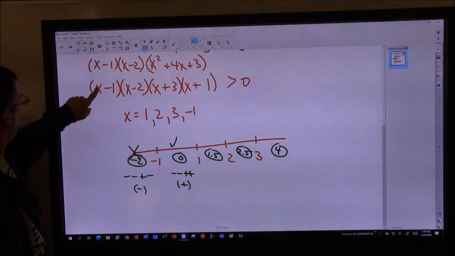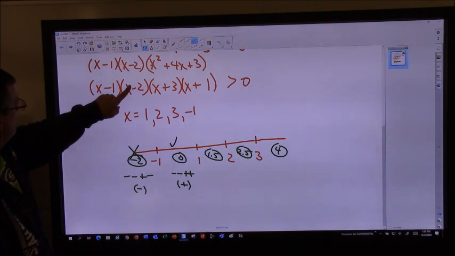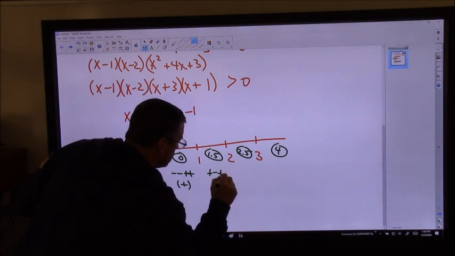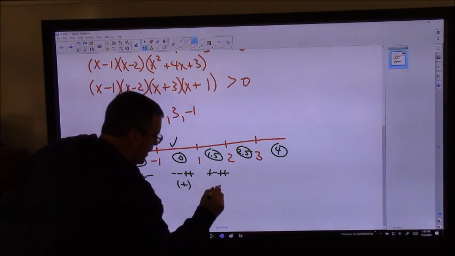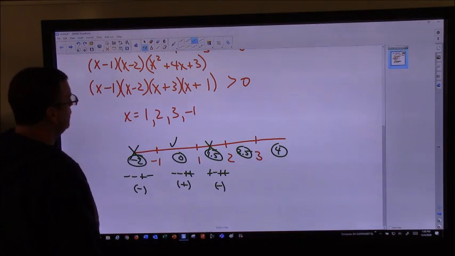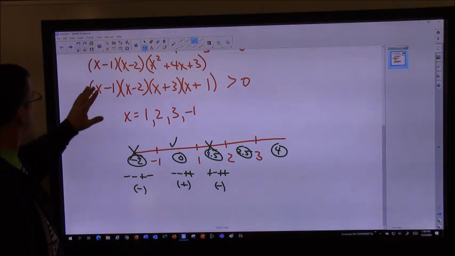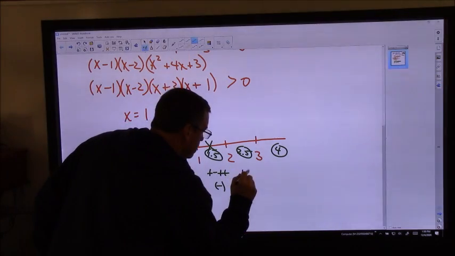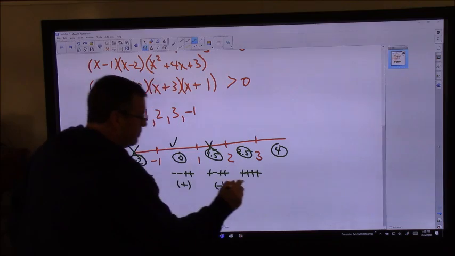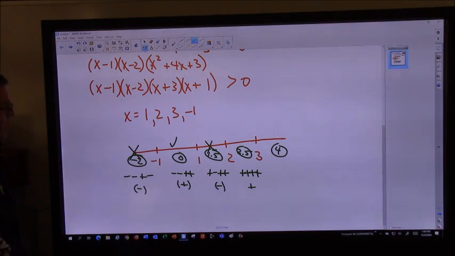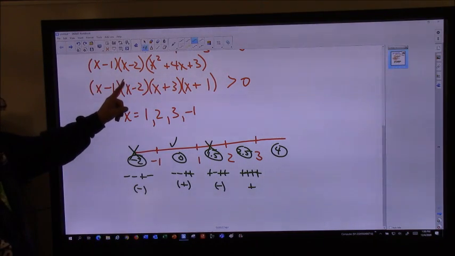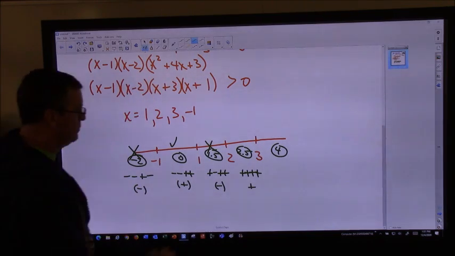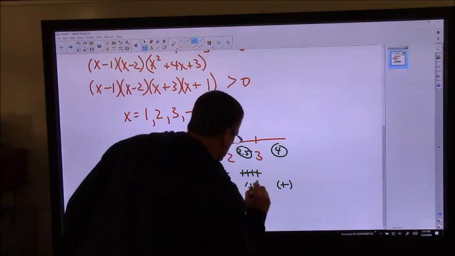Plug a 1.5 in. This will be positive, negative, positive, positive. So overall that's negative. I don't want that interval. If I put a 2.5 in, positive, positive, positive, positive. So I want that interval. And if I put a 4 in, I get positive, positive, positive, positive. So that's positive overall.